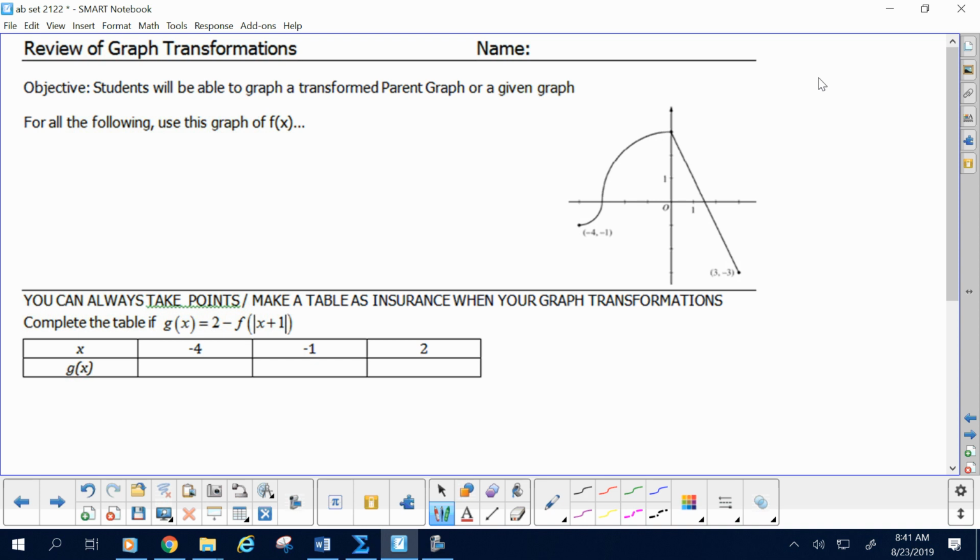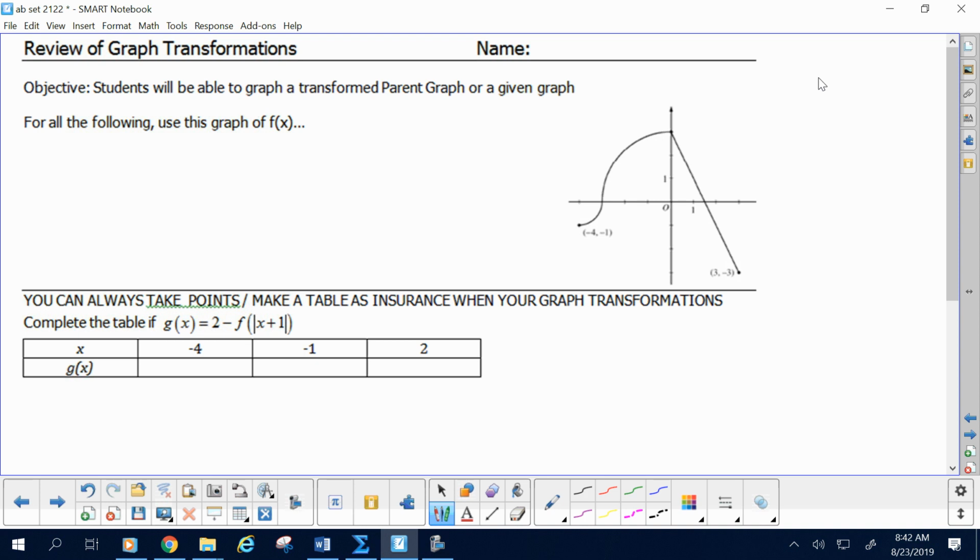So towards that end, if I told you g of x was some function that took absolute value and added 1 and subtracted 2 and negated, that's a bit of a mess. It would be hard to decipher all those changes and the order in which those changes match. So that's complicated. But keep in mind that you can always do a table.